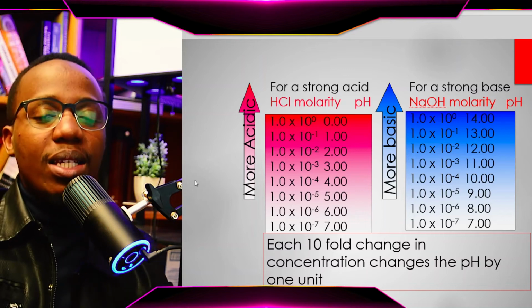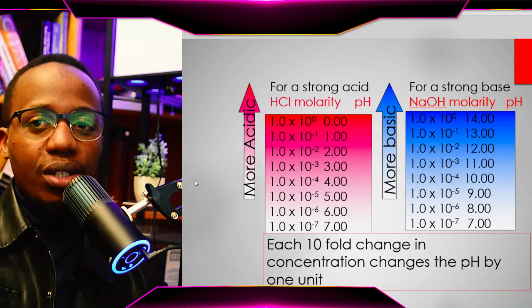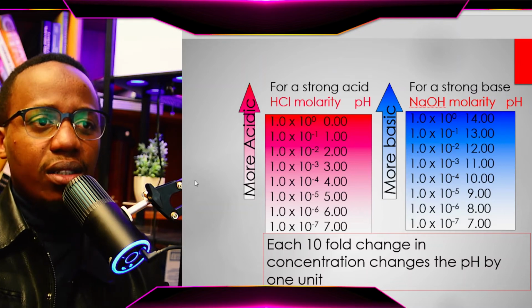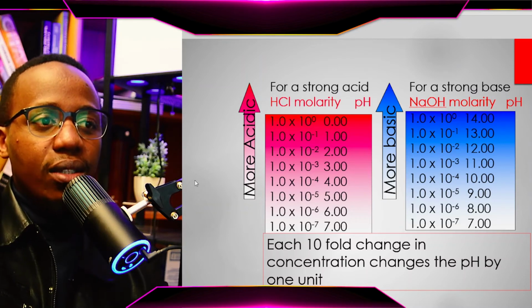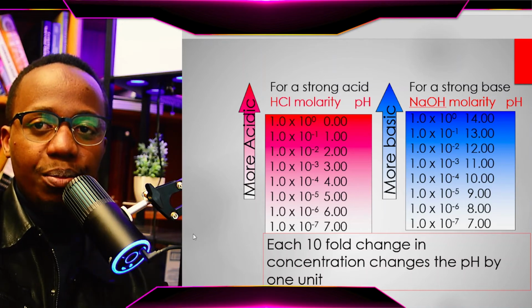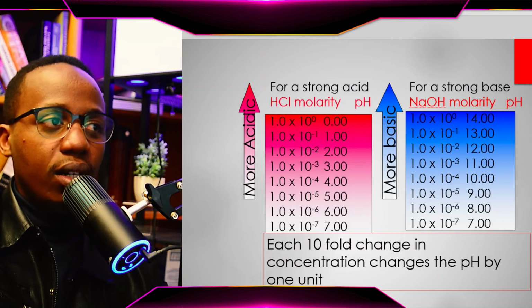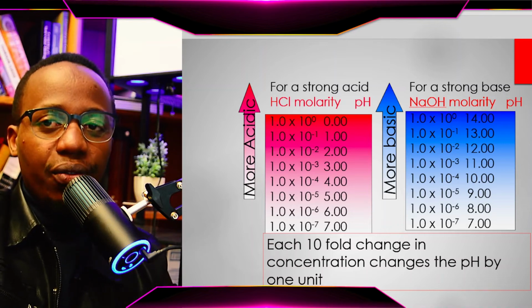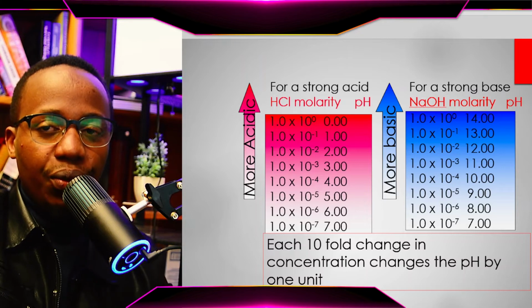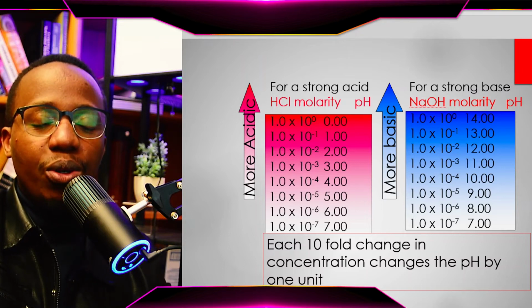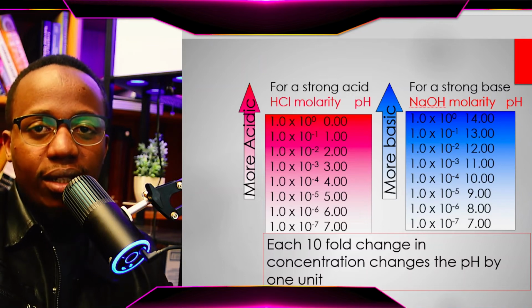So to go from one pH to another is a huge change. It's a big difference, right? Each tenfold change changes the pH unit by just 1, so you need to understand it in that way. That's why, for example, if the pH of your blood drops even by 0.2, you get sick, right?